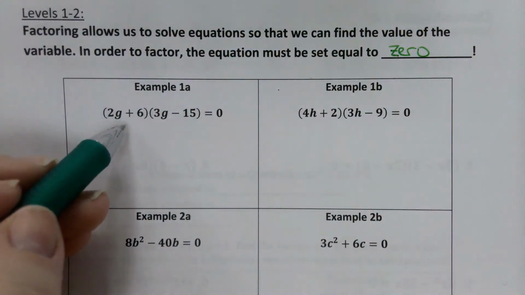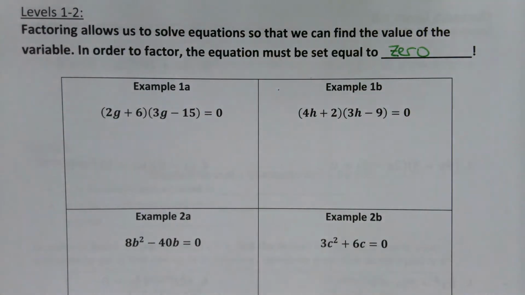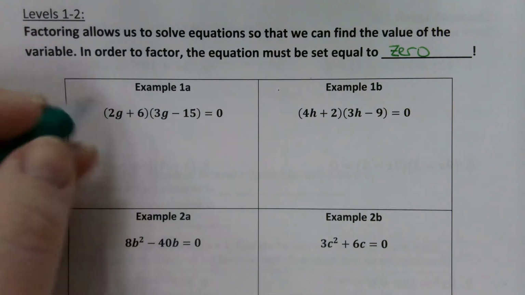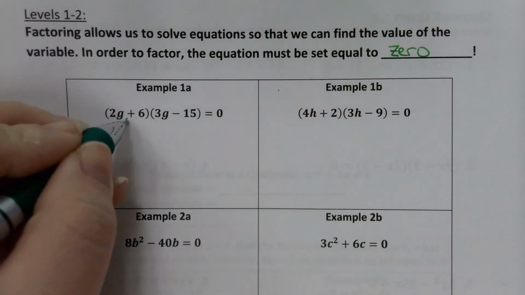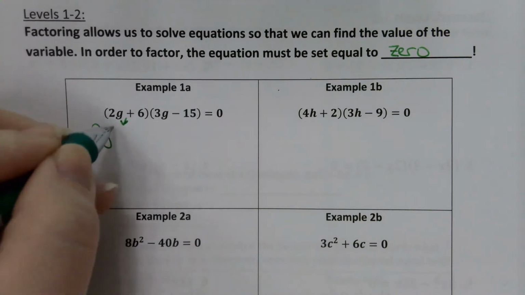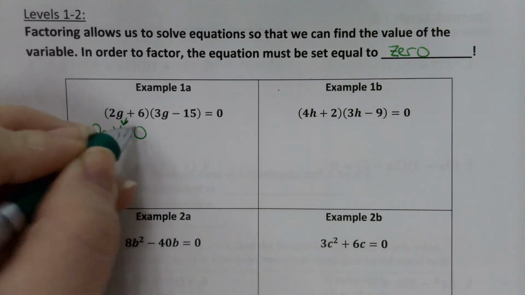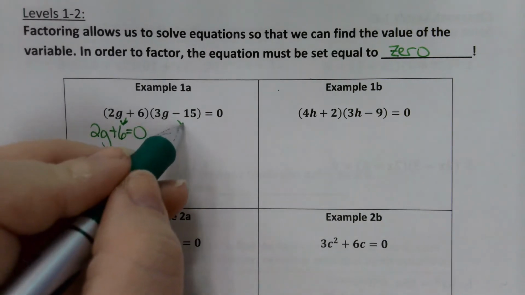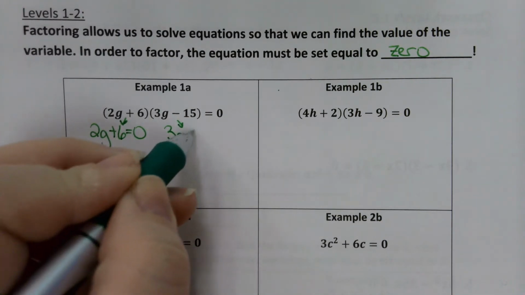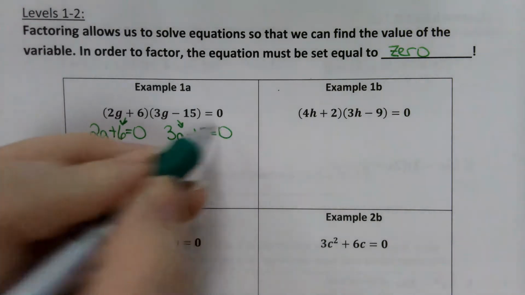Now, both example 1a and 1b are factored form of an equation. And when they're in factored form, we can set each factor equal to 0 and solve. So I have 2g plus 6 equals 0, and 3g minus 15 equals 0.